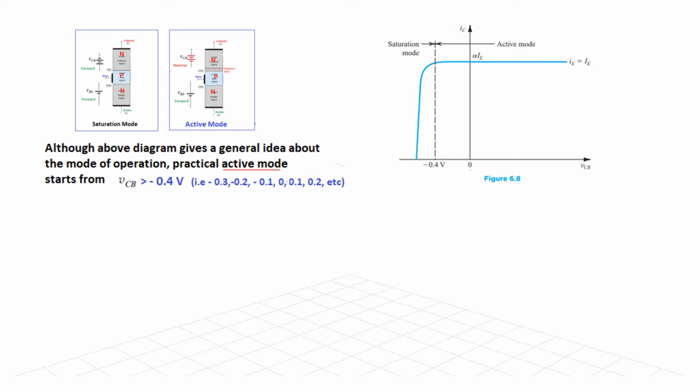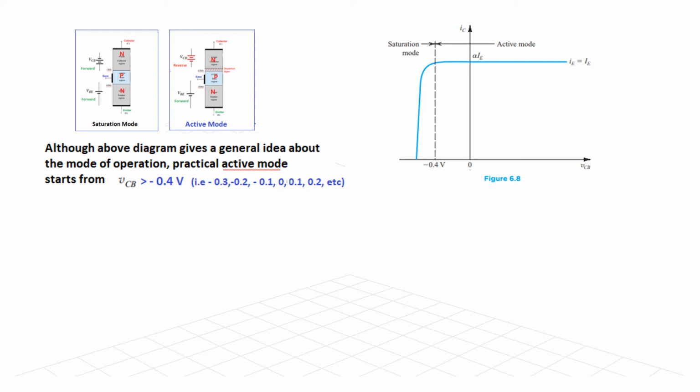this is between VCB and current IC, and from the diagram we can conclude that although this diagram gives a general idea about the mode of operation, the practical active mode starts from VCB -0.4. Look at here. VCB up to -0.4 is the active region, and then beyond -0.4 it is the saturation region. What does this mean?